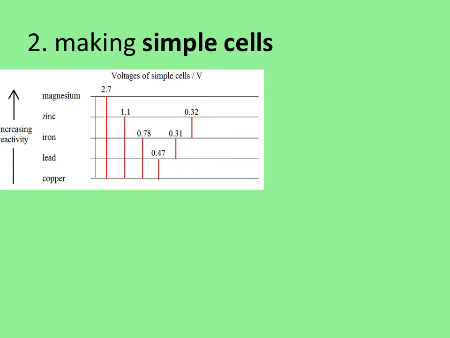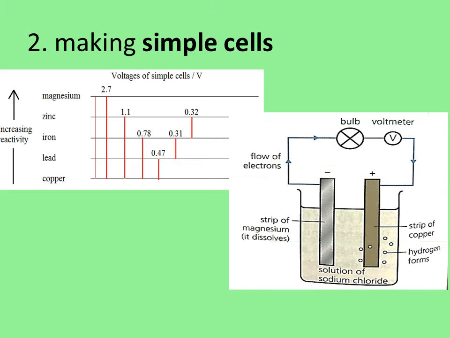Second usage, making simple cells. You can see the 5 metals on the left hand side. From the bottom to the top, more and more reactive. Magnesium is the most reactive metal. We put 2 metal strips into a solution, an ionic solution. So we put magnesium and copper into it.